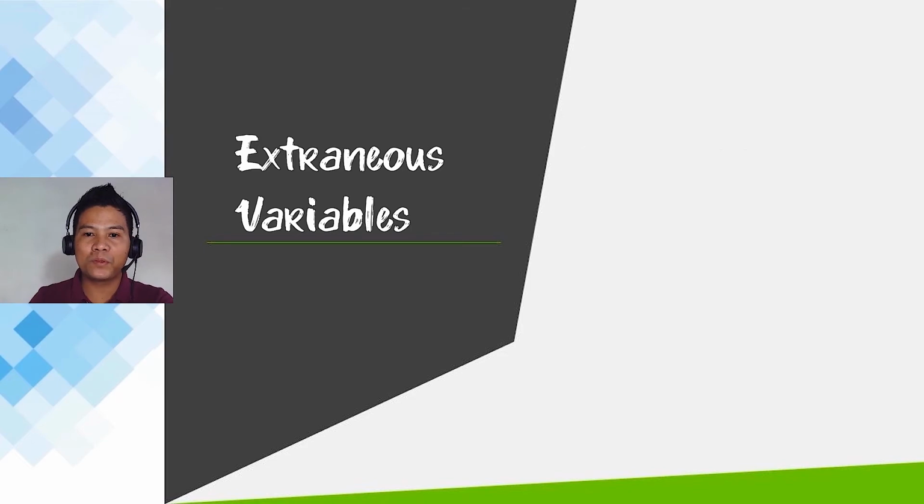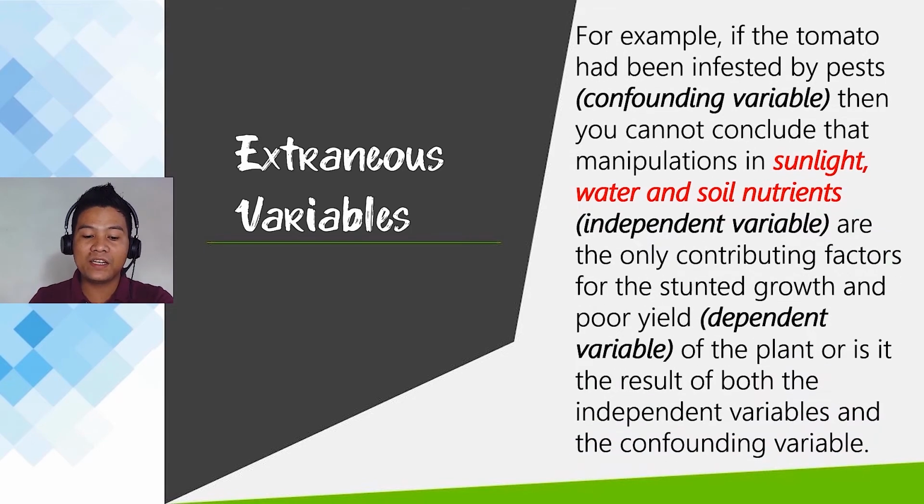For example, if the tomato had been infested by pests, then you cannot conclude that manipulations in sunlight, water, and soil nutrients, which are the independent variables, are the only contributing factors for the stunted growth and poor yield, which are the dependent variables of the plant. Or is it the result of both the independent variables and the confounding variables?